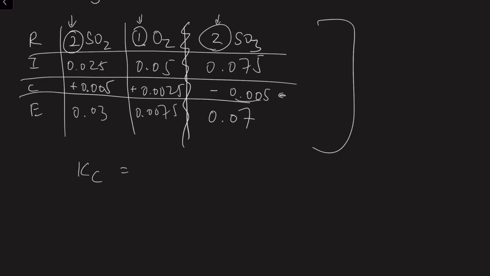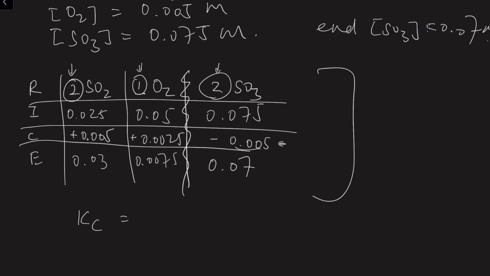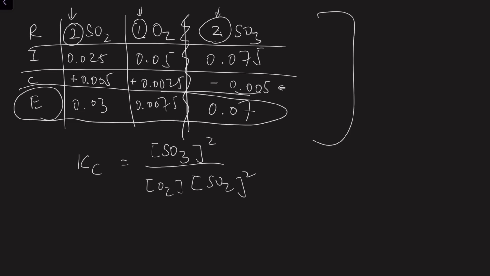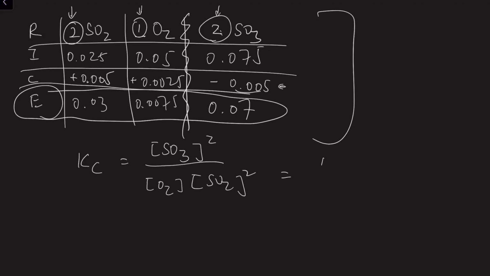It is calculated as your concentration of SO3 raised to the power of 2 because of this coefficient, concentration of oxygen, concentration of SO2 to the power of 2 at equilibrium. So we are looking at this row here. Essentially 0.07 to the power of 2 over 0.03 to the power of 2 times 0.075, which is equal to 726.